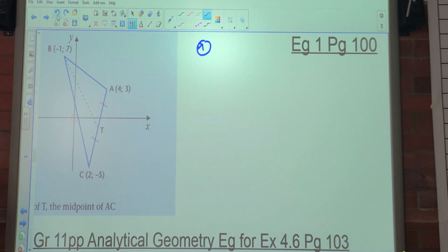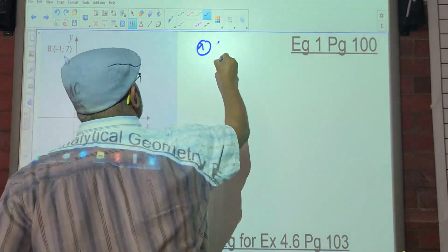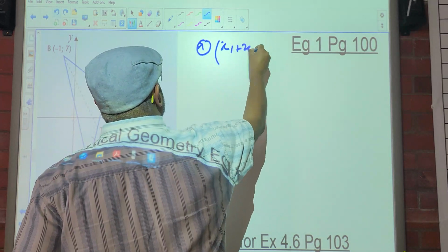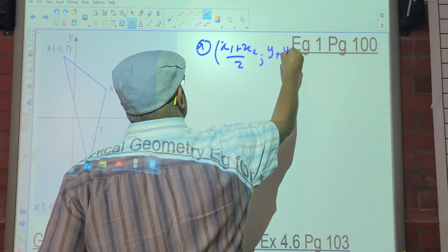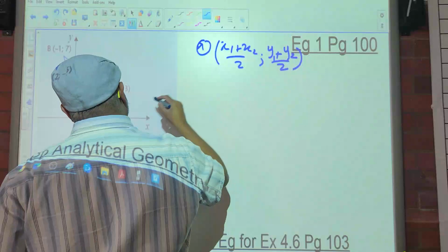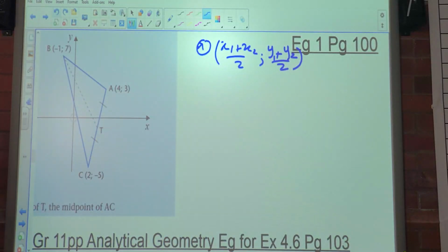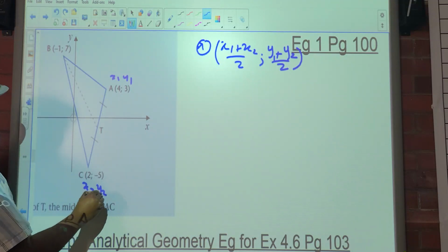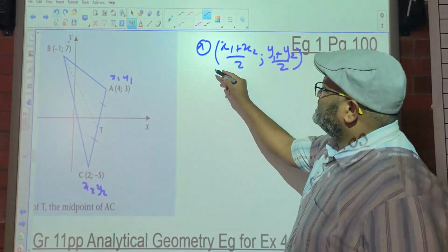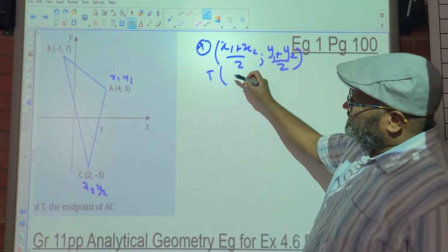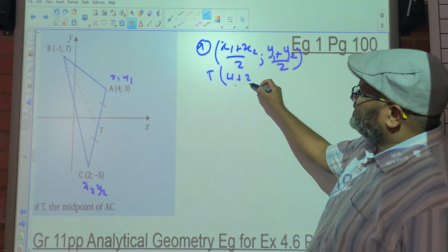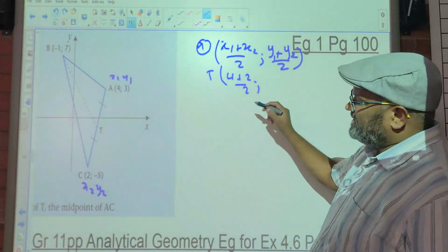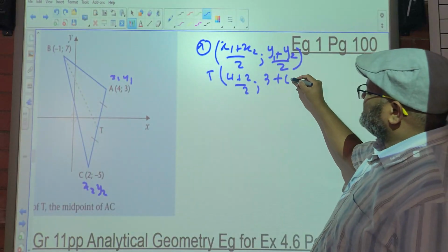We say x1 plus x2 over 2, y1 plus y2 over 2. If we make this x1, y1, this is of course x2, y2. T is going to be (4 plus 2) over 2 and (3 plus -5) over 2.